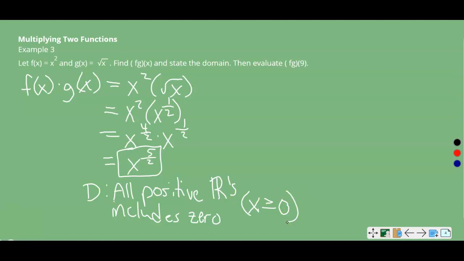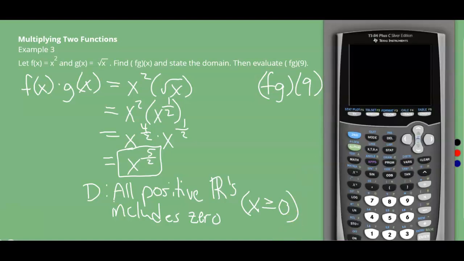All right, then it says evaluate f times g of 9. So we want to do f times g of 9. So f times g was x to the 5/2 power. So we want to do 9 to the 5/2 power. And again, I would just use my calculator to evaluate this.